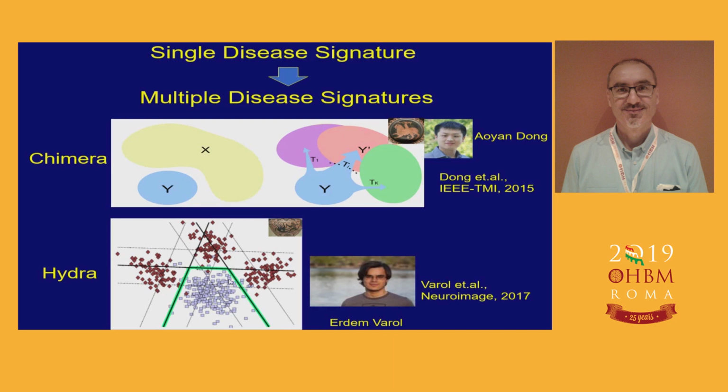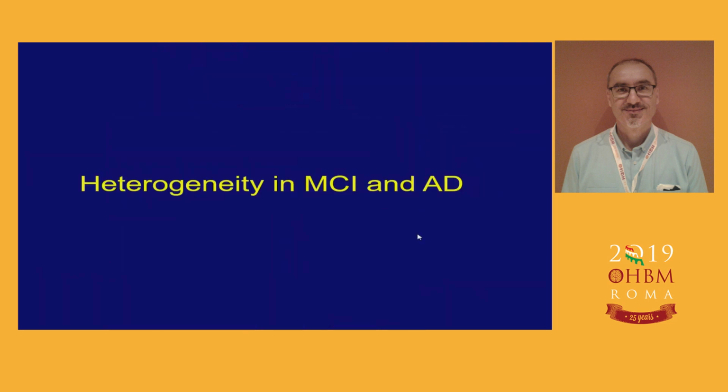Both have the flavor that they're trying to separate the control group from the more heterogeneous patient group via a number of transformations. And presumably these transformations now more clearly identify pathologic processes that moved this distribution to this distribution.